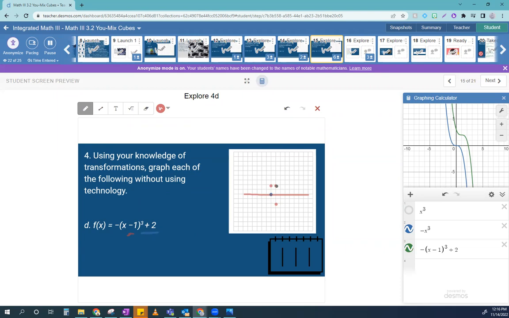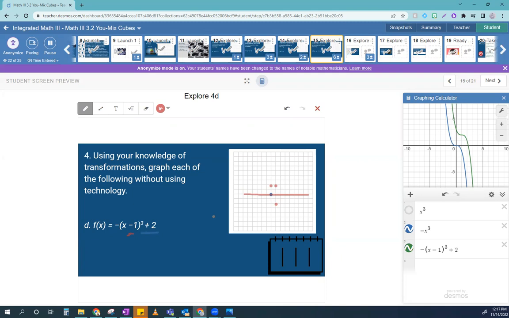Let me check one more point just to make sure. My other favorite number to plug in is 0. So 0 minus 1 is negative 1. Negative 1 cubed is negative 1, and the negative of that is positive 1, plus 2 is 3. So was my next point going to be right here? Yeah, because you guys told me to go from top to bottom, not bottom to top.